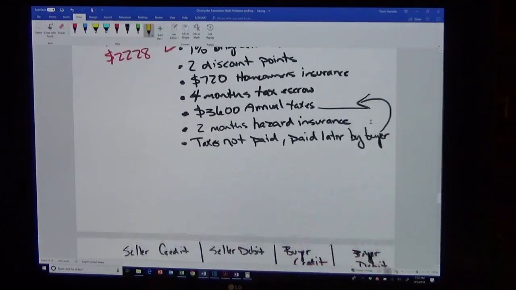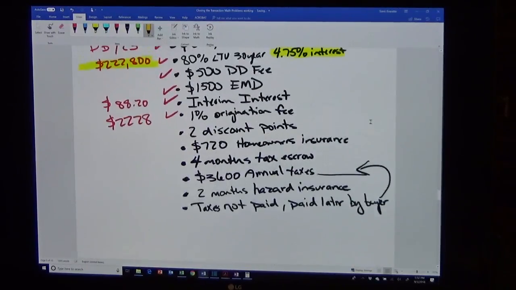Scroll back up here. Alright, that's $44.56. Okay, and we're going to check that off because we're going to put it in our sheet. We know that is a buyer debit.